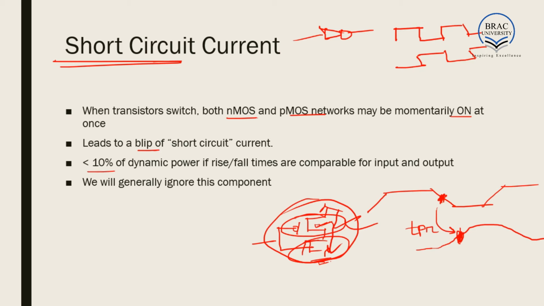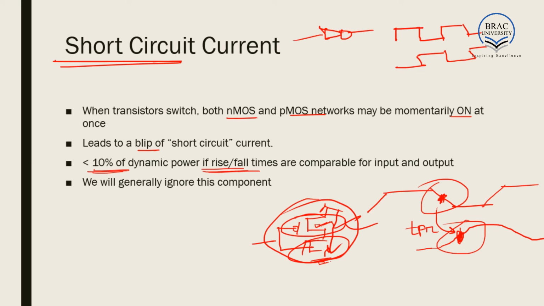It is less than 10% of the dynamic power if the rise or fall times are comparable for input and output. That is, if the rise time for input and the rise time for output are almost the same, this short circuit current will be less than 10% of the dynamic power.